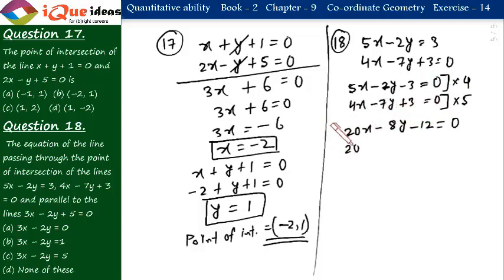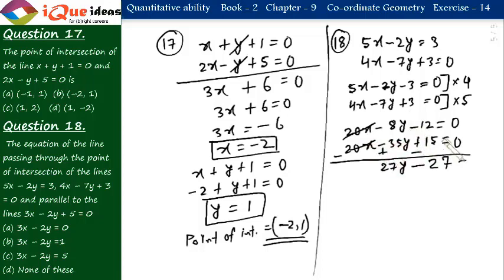Now second equation will become 20x minus 35y plus 15 is equal to 0. So if you subtract, this becomes minus, this becomes plus, this becomes minus. So 20x and 20x are cancelled. Minus 8y plus 35y will be 27y, and minus 12 minus 15 will become minus 27 equal to 0. So it becomes y equal to 1.